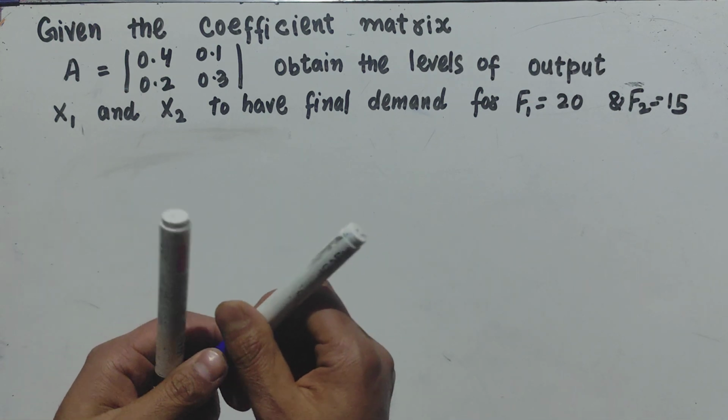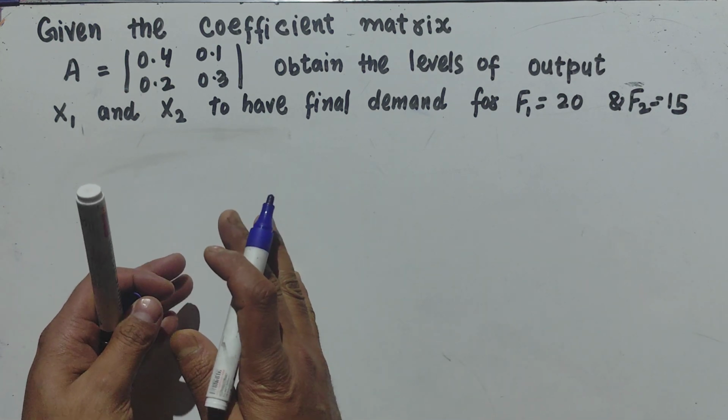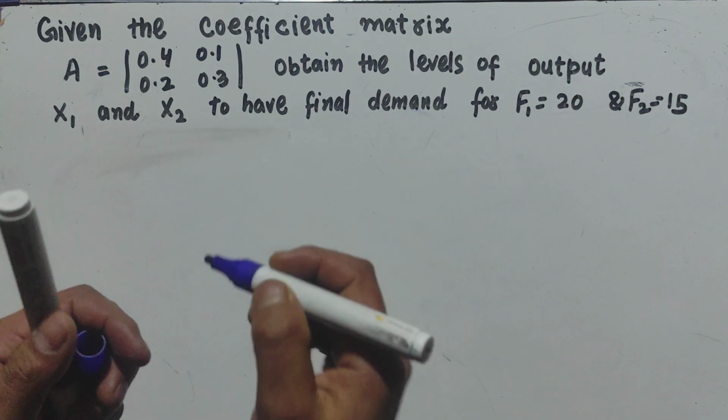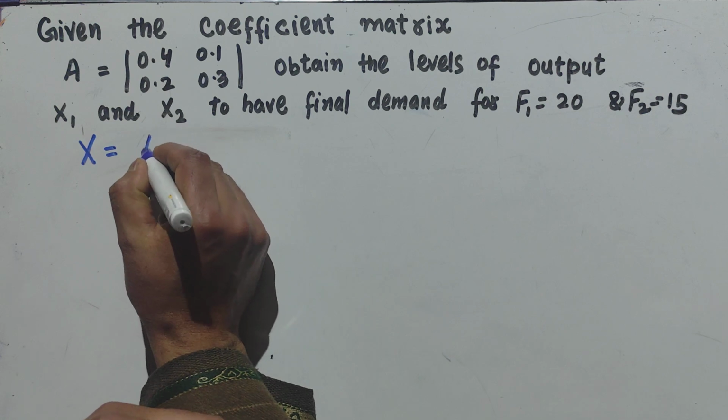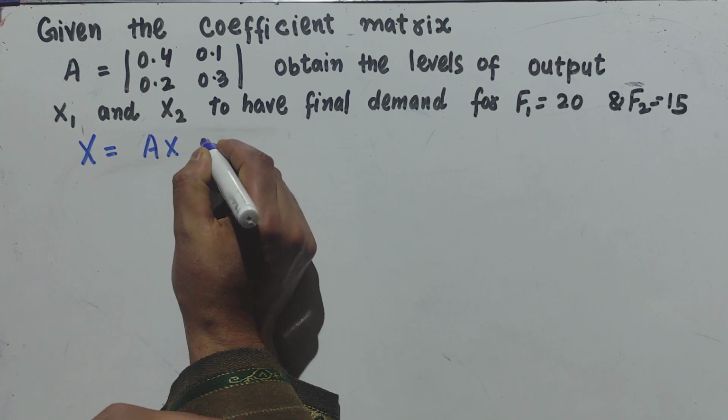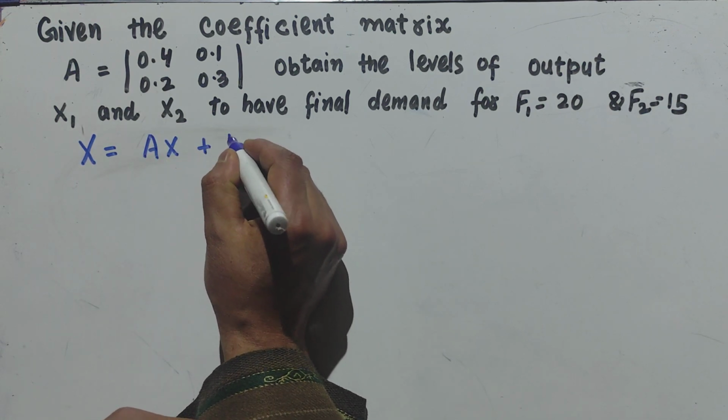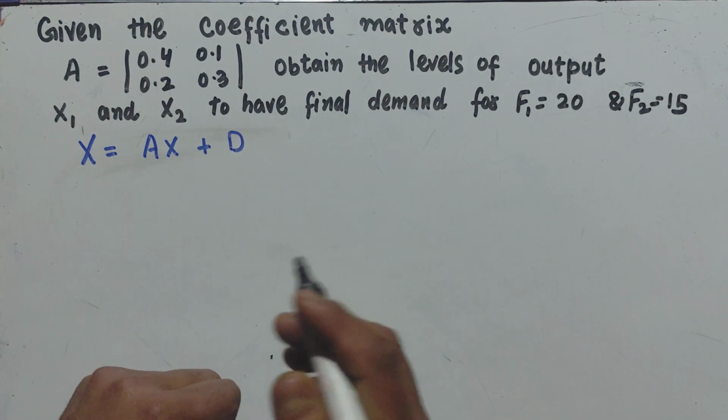Now the basic Leontief input output model is given by: the total output X is equal to A times X plus D. Okay, now what is meant by these?